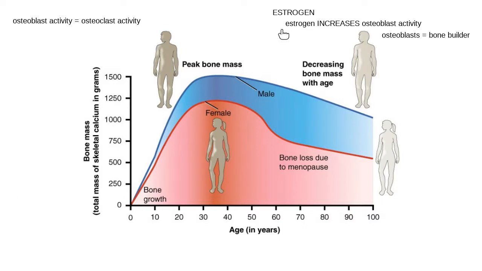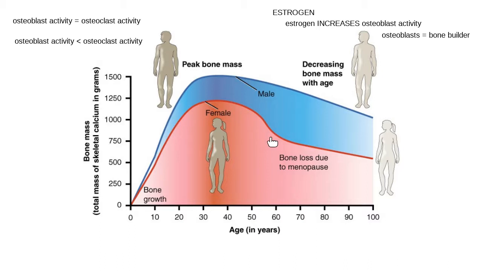When I lose estrogen, my osteoblasts slow down. So now my osteoblast activity is less than my osteoclast activity. Now my osteoclasts are working harder than my osteoblasts. And when that happens, I end up losing bone density.